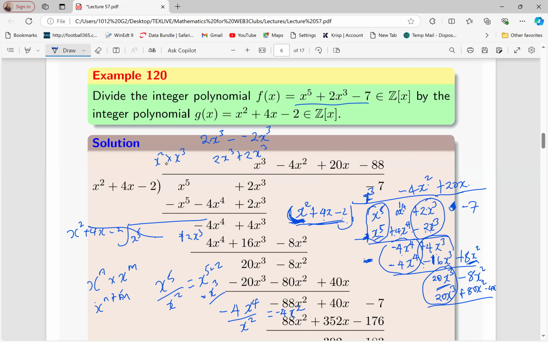When you subtract this, you get negative 88x squared. And this was negative 40x, and the like term is 0. So negative 40x from 0, you get positive 40x.